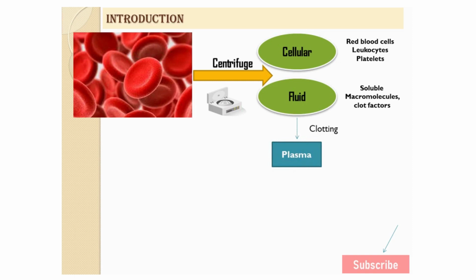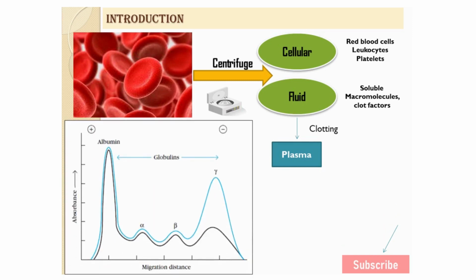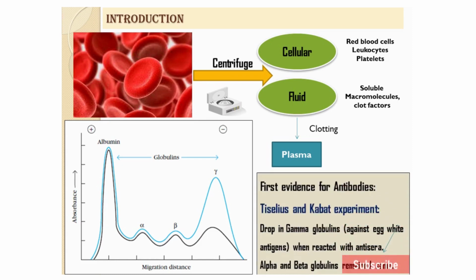Upon electrophoresis of blood plasma, 4 different peaks of proteins can be seen, which correspond to albumin, alpha, beta, and gamma globulins. The Tiselius and Kabat experiment was the first evidence for the presence of antibodies in human blood.